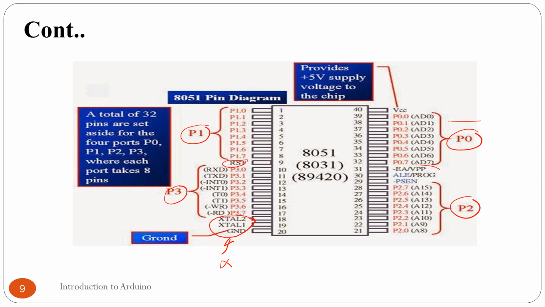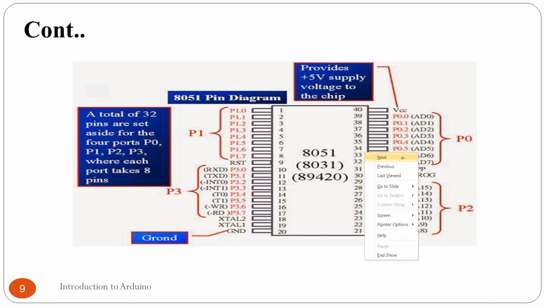You cannot interface devices to these particular 3 pins. Whenever you get any microcontroller, you should understand its pin diagram. This is for the 8051 microcontroller, and based on this pin diagram you will get GPIO pins, and based on those GPIO pins you can interface devices or sensors to the microcontroller.